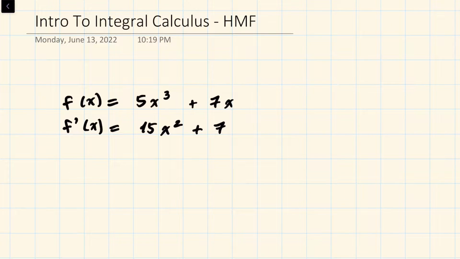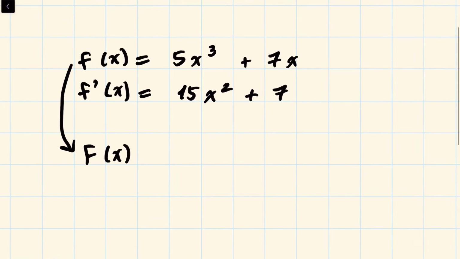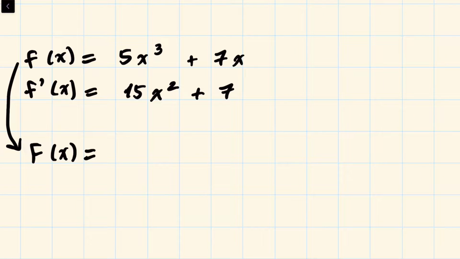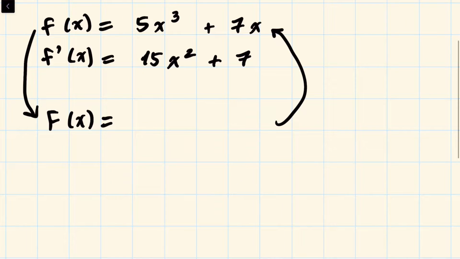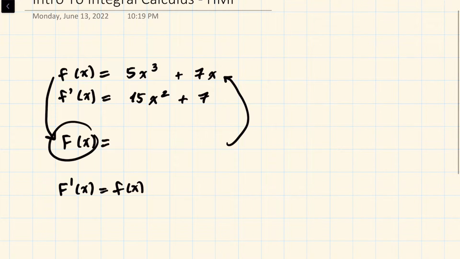But if we wanted to go from f of x to capital F of x, which represents the antiderivative and what we'd be using for integrals, we would have to think of a function that when we found the derivative of it would give us that back. So this capital F of x has the property that capital F prime of x is equal to f of x. When you differentiate this, you're going to get that.